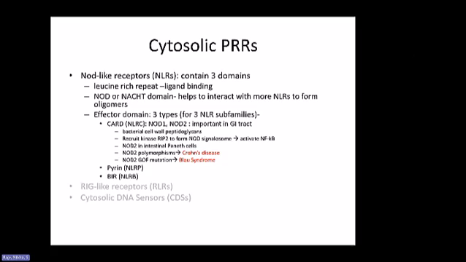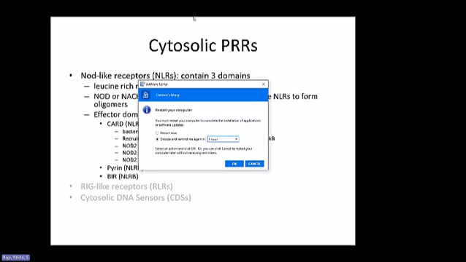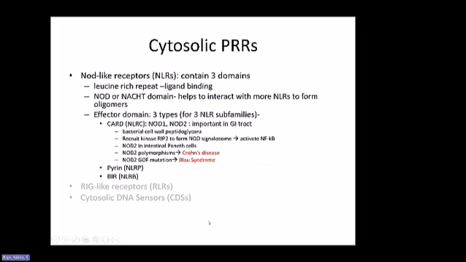And when they come across specific structures, PAMPs, like bacterial cell wall peptidoglycans, they will activate the signaling. It recruits kinase. So remember in toll-like receptors, we talked about MyD88 and IRAK4. IRAK4 was the kinase that has enzymatic activity.